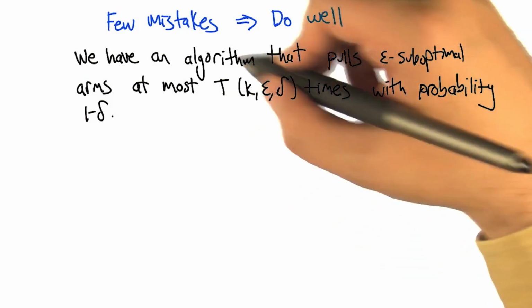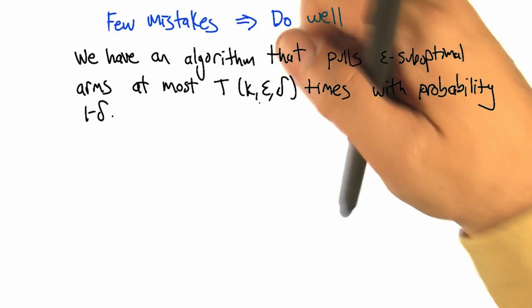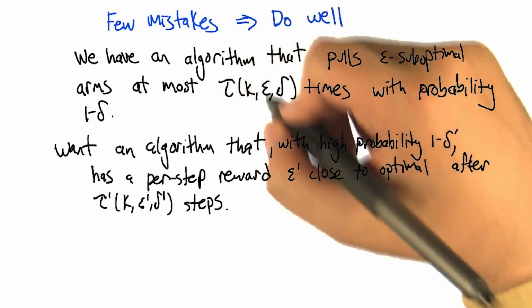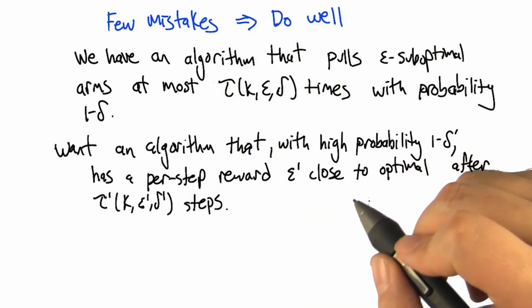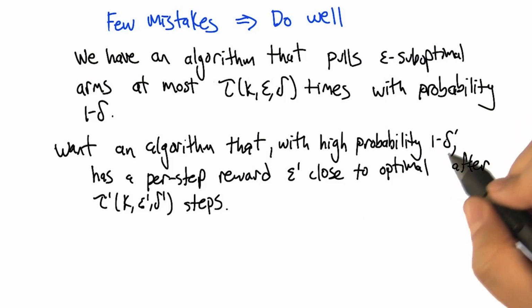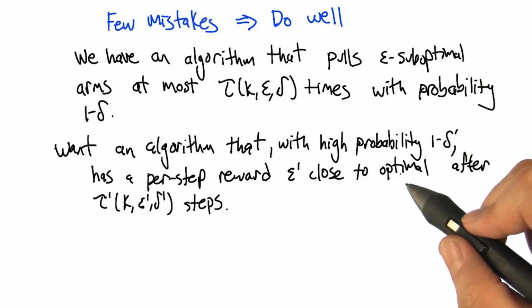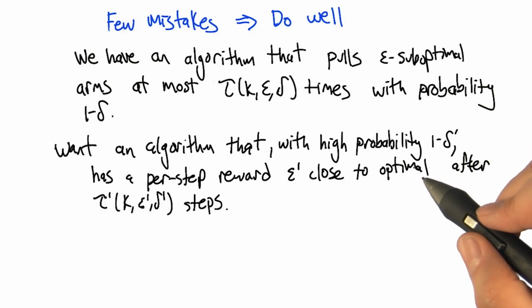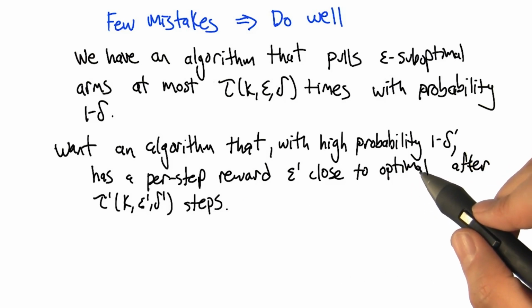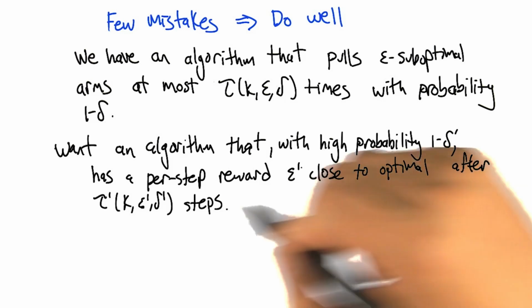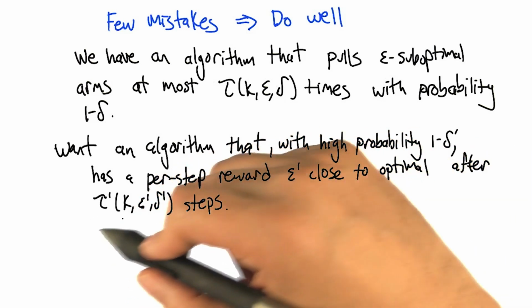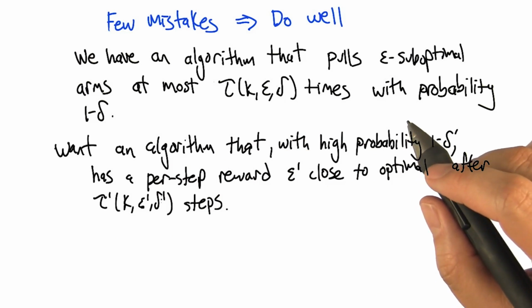So this is something that has very few mistakes. Oh, and except it wants to be tau. Given that algorithm, we want to make a new algorithm that with high probability, 1 minus delta prime, has a per step reward that is epsilon prime close to the optimal per step reward, in other words, what we would have gotten by pulling the optimal arm on every step. And that bound starts to hold after some number of steps, tau prime, k, epsilon prime, delta prime.